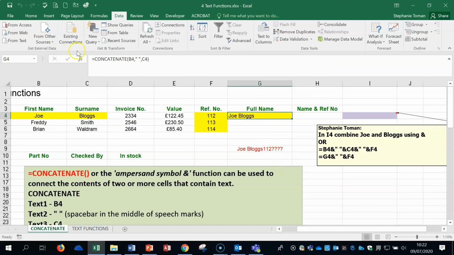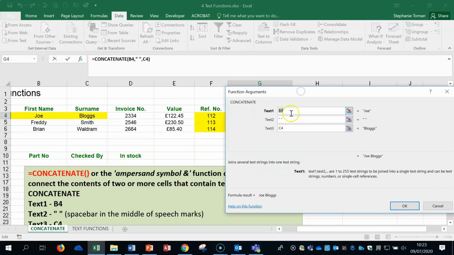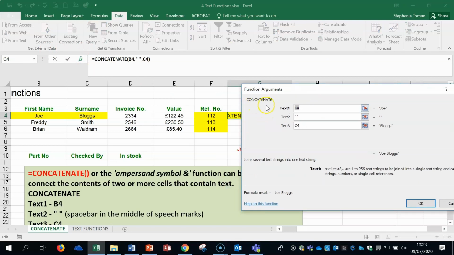If we look at it in insert function, in the arguments there, you can see that it's really simple. The concatenate sits there. You've got your first cell. Your second one is your space between them. So you'd use a speech mark, space bar, enter the space, and next speech mark, and then your next cell.